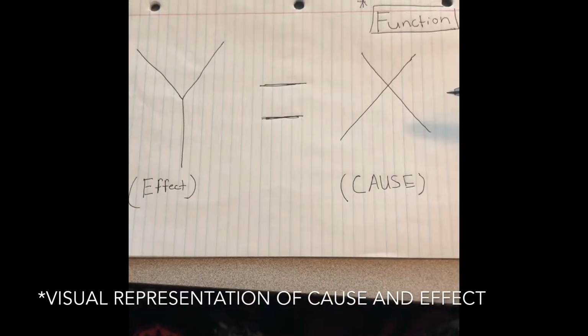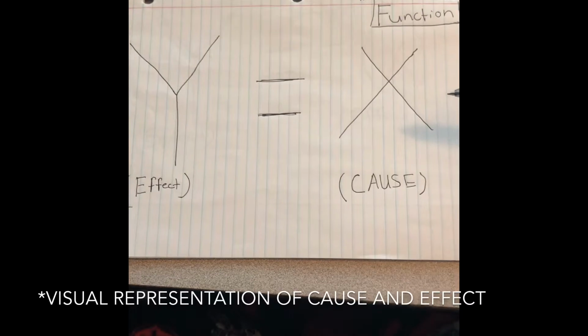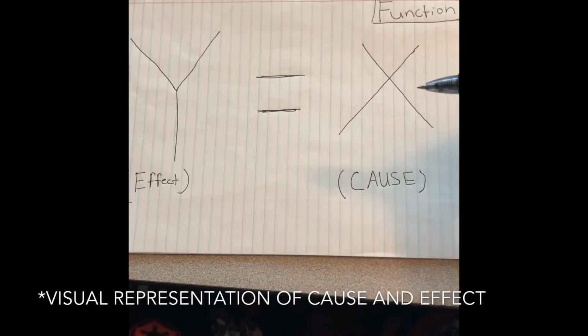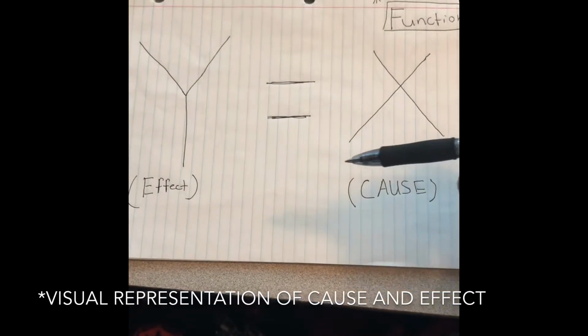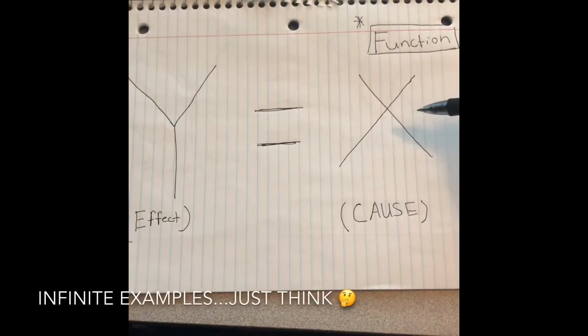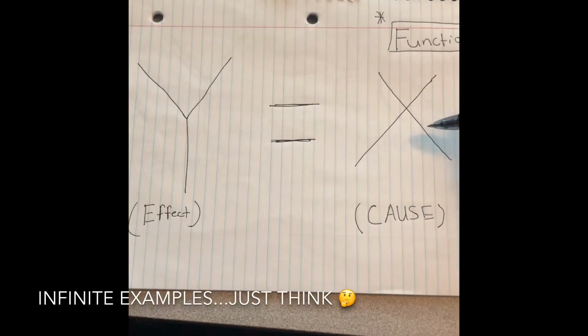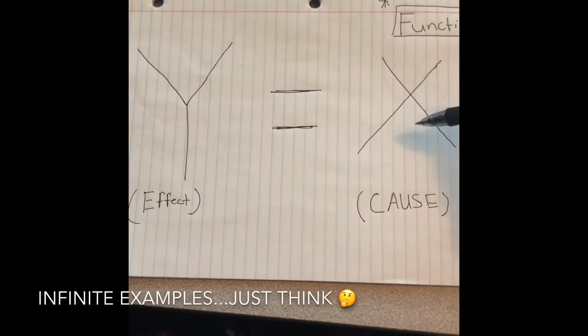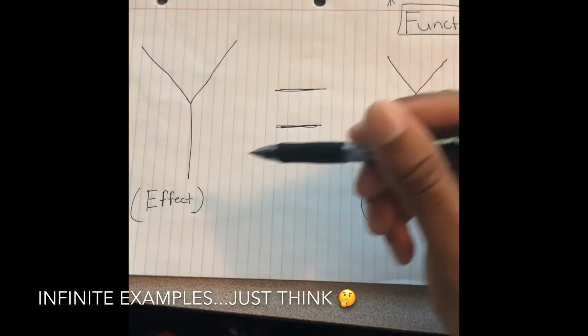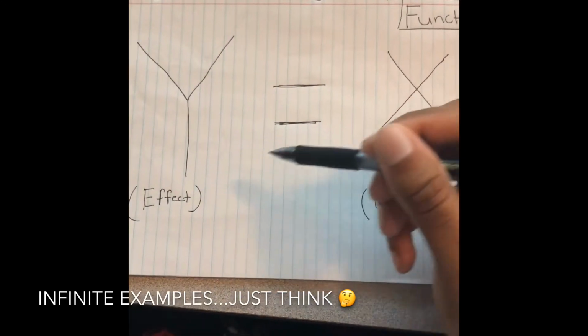Now this is the most basic function there is in math. It's x equals y. X being the cause and y being the effect. So again, some examples of this would be, if I get money, the cause, that's going to equal me being happy, the effect.